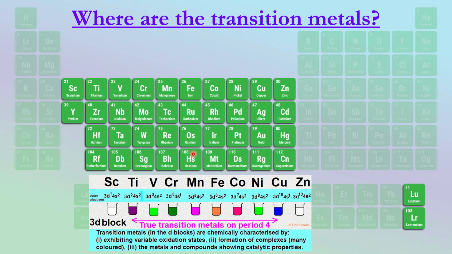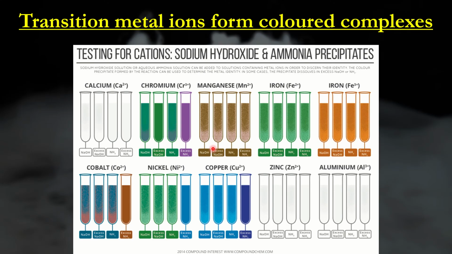In our third row here, all these are 3d block, and the unique colors we get from different transition metals come from the d-block splitting of the electron orbitals. So let's have a look at how that exactly works.